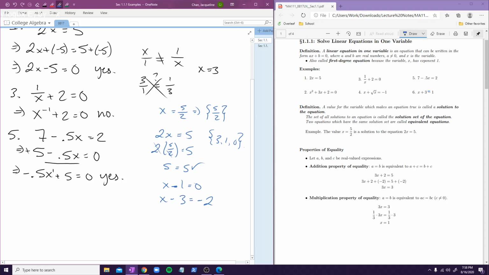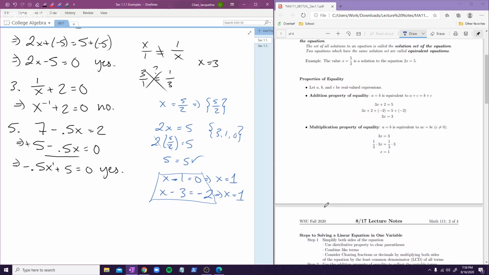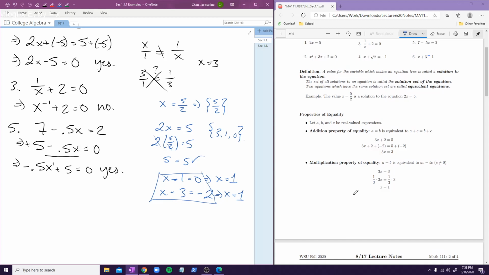Let's solve for x. For the first, x is equal to 1, and for the second, if I add 3 to both sides, we get x is equal to 1, because -2 plus 3 is 1. So x minus 1 equals 0 and x minus 3 equals -2 are considered equivalent equations.